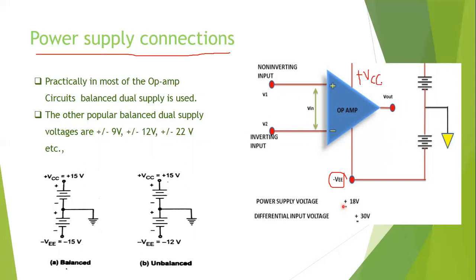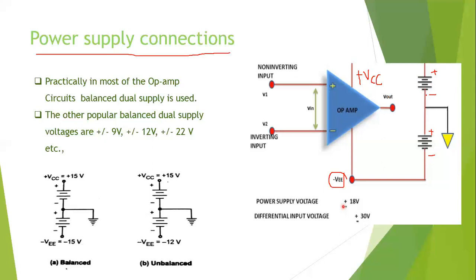How do we connect plus VCC and minus VEE in the laboratories? The positive terminal of the op-amp is connected to the positive terminal of one supply, and the negative supply, that is the minus VEE terminal, is connected to the negative terminal of the other supply.